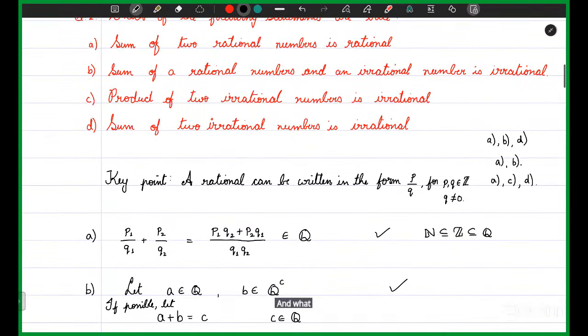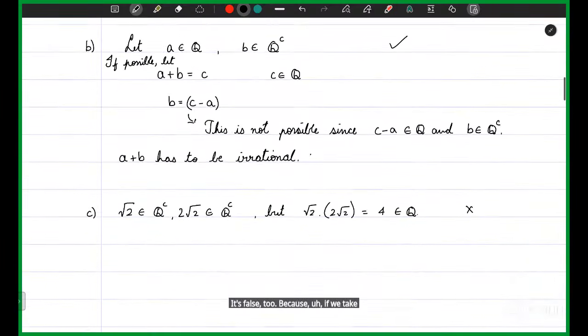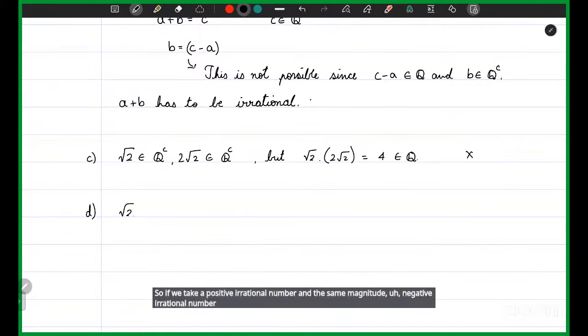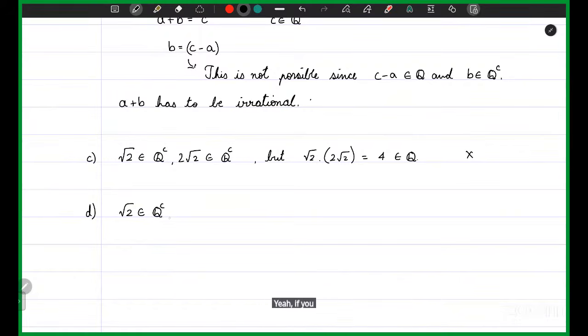And what about the last one? It's false too. If we take a positive irrational number and a negative irrational number of the same magnitude, like root 2 plus minus root 2, this happens to be 0.